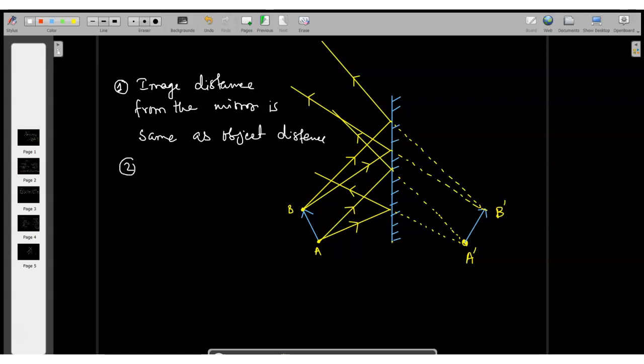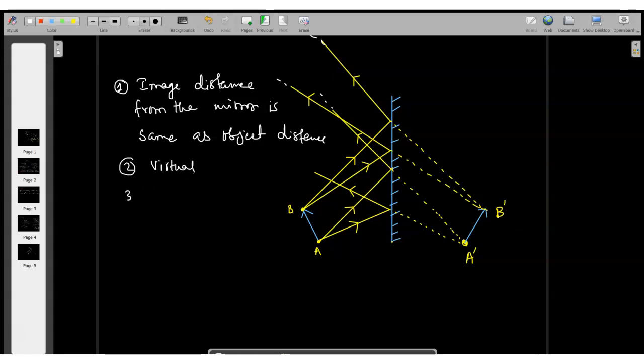The second thing is the rays are not actually meeting. This ray, if you extend them, any of these rays are not actually meeting. The reflected rays are not actually meeting. We are producing them backward to make them meet. So the kind of image that is formed is virtual.